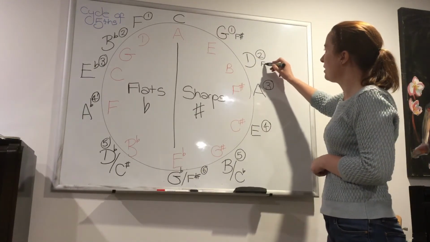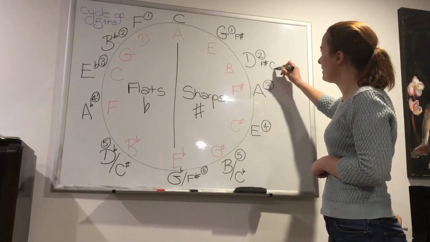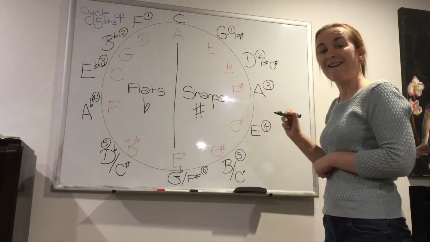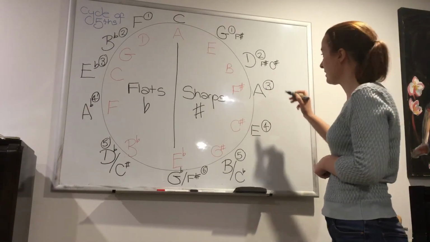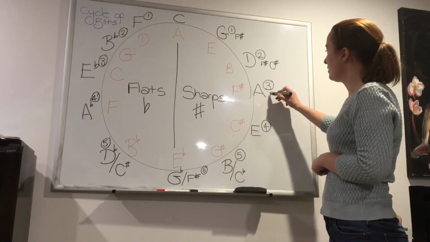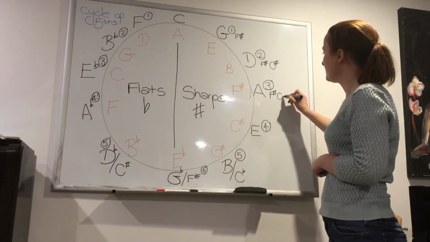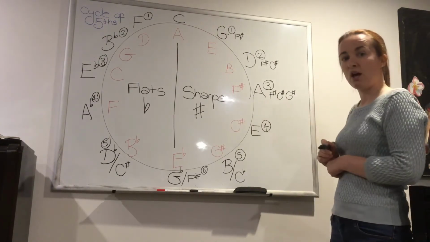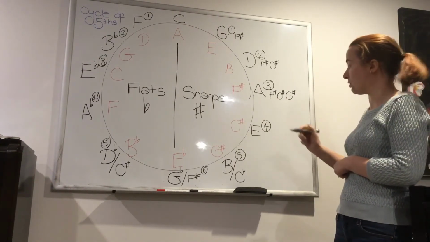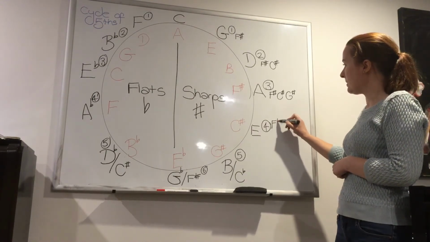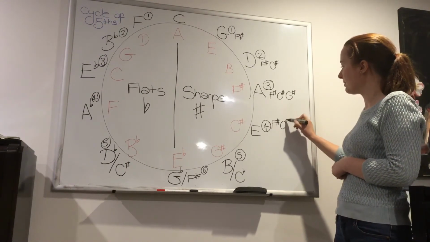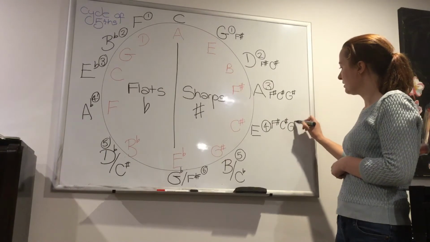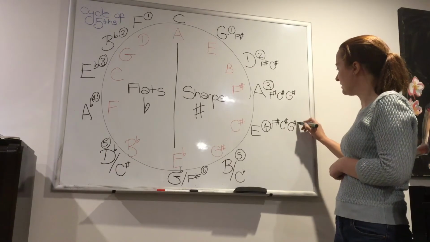D major, we have F sharp, C sharp, Father Christmas. A major, we have F, C, and G sharp, Father Christmas goes. E major, we have F sharp, C, G, and D.